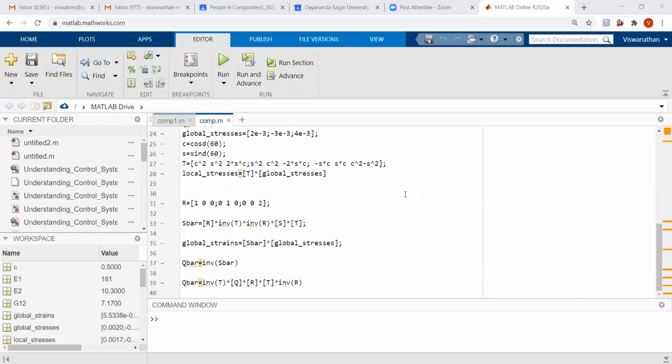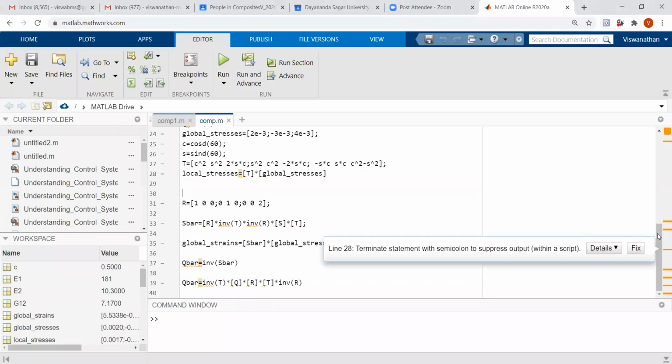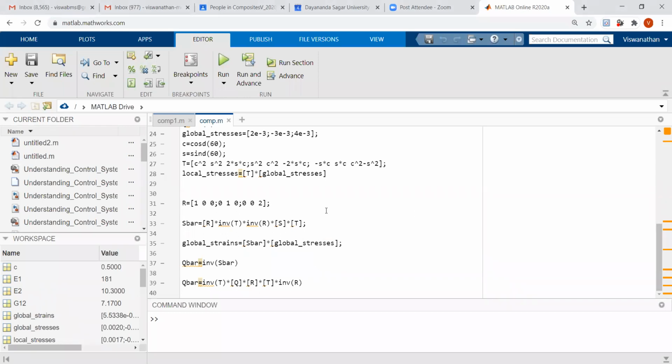Here's MATLAB first of all. Now you should be able to see the MATLAB screen.